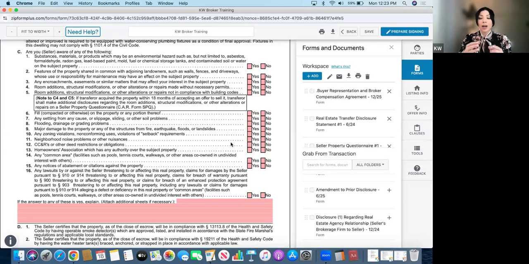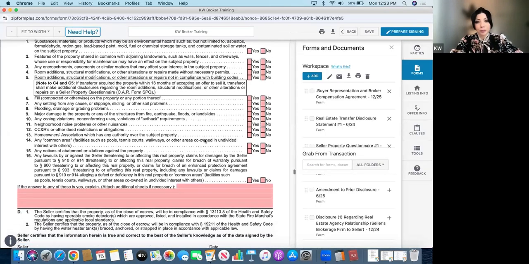Or they can say no parking of boats or motorhomes on the street. There's not a homeowners association or dues overseeing this. However, these restrictions keep the neighborhood looking more uniform. So that's what CC&Rs are.